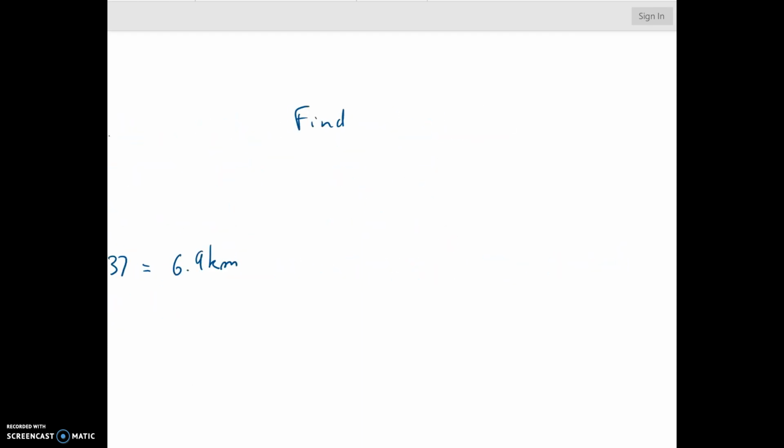So now if I want to find the distance between the station B and C, which is basically finding the value of A, I know that the angle is 37 degrees.